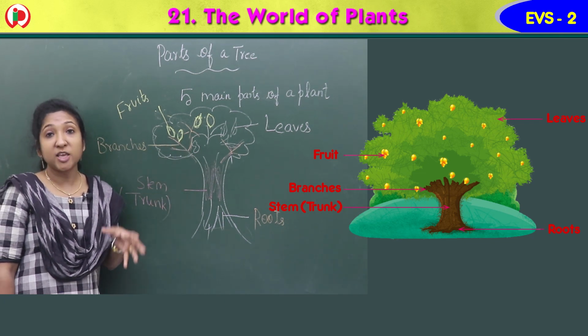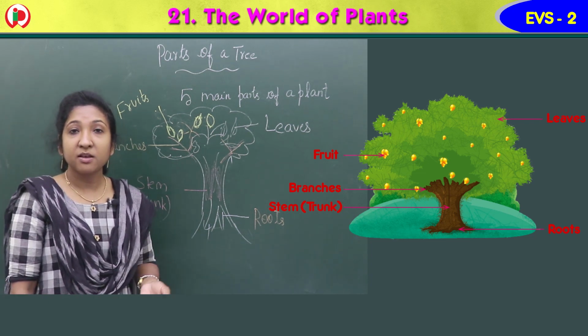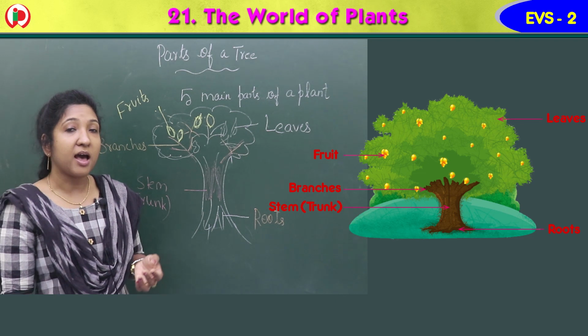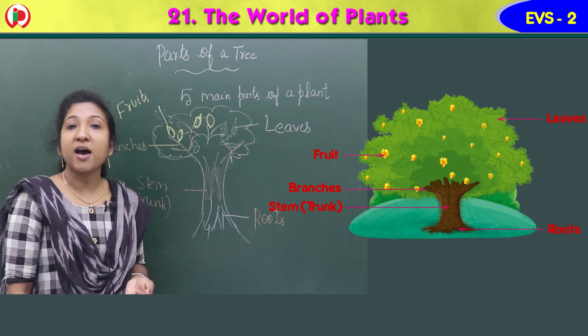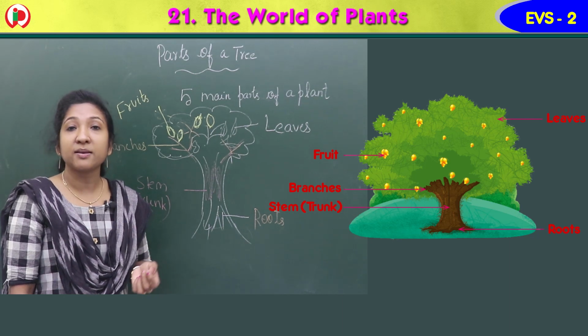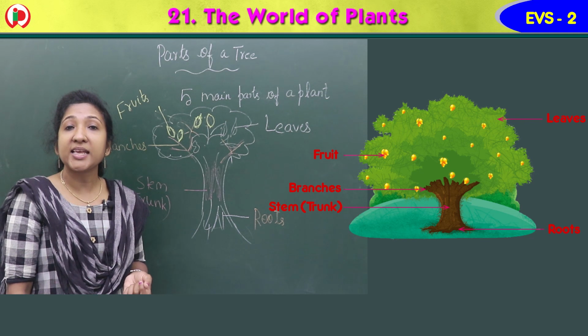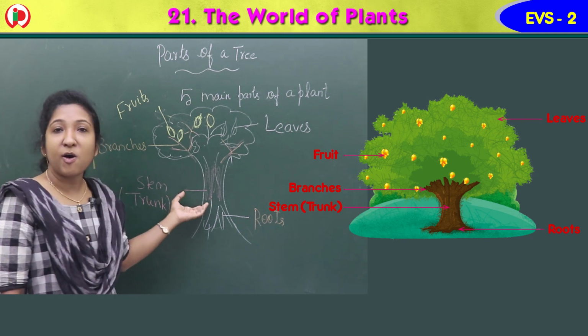So which are the 5 main parts of a plant? Leaves. Roots. Fruits. Then branches. Then stem or trunk.